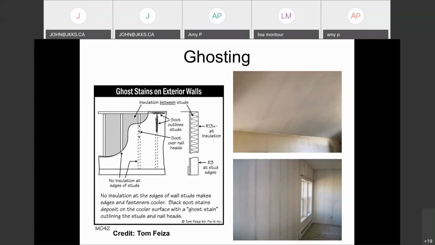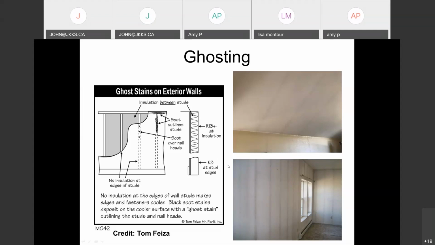We addressed ghosting as well, and we're about to launch a series of technical guides for building in northern housing. We talk about the issue of ghosting and the importance of insulation, and in some cases double walls and mooddy walls, which are more known out in the Yukon area.